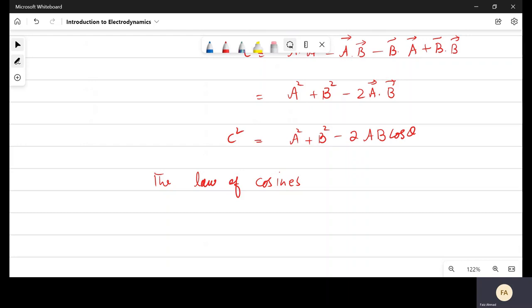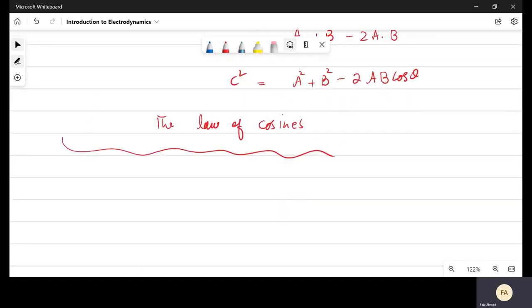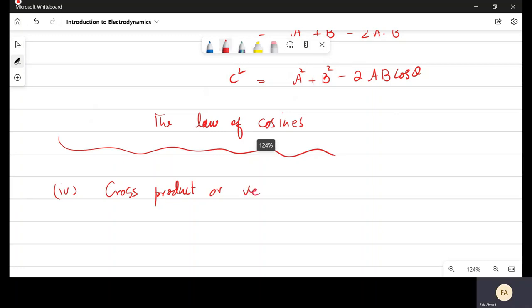So next is the cross product, or vector product.